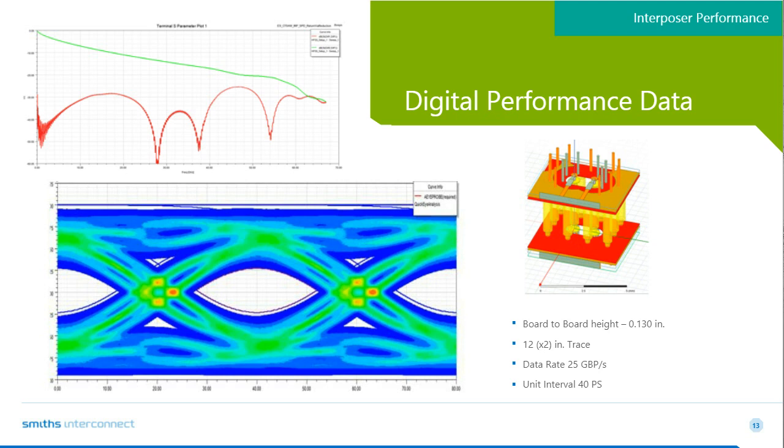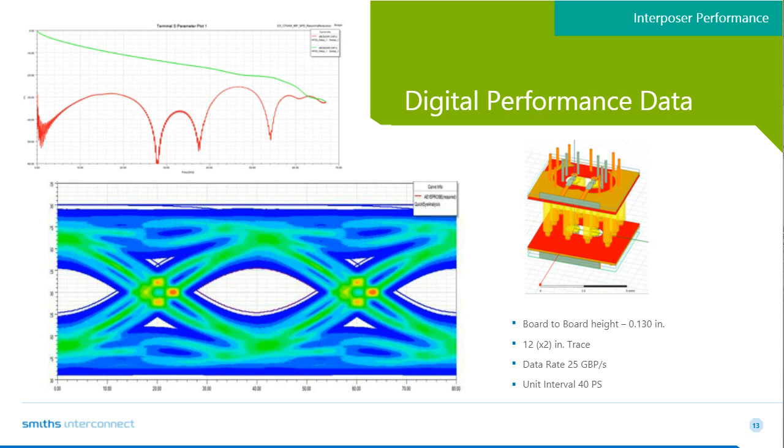So you can see in the top graph here, what we're showing is the simulated result for the connector itself, which shows almost negative 30 dB of attenuation through 50 gigahertz. So that's important because the connector itself again has better than minus 1 dB through 40-50 gigahertz of performance, but in a real-world application, we're actually looking at minus 30 dB when you include the trace and the vias into the stack.